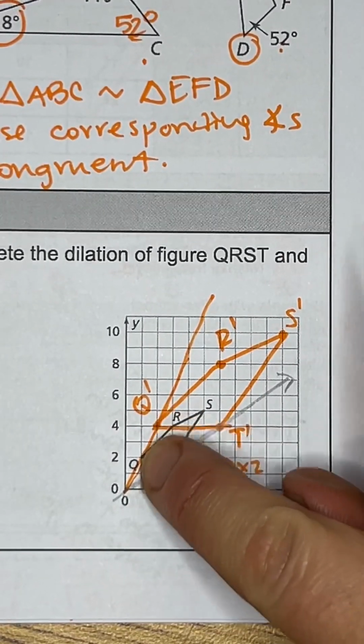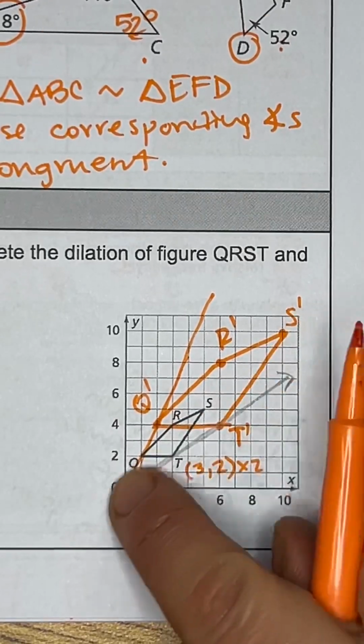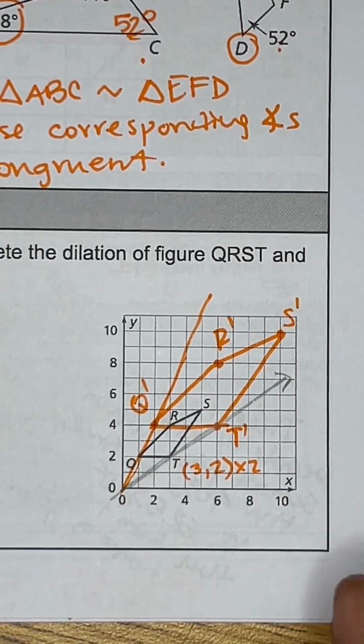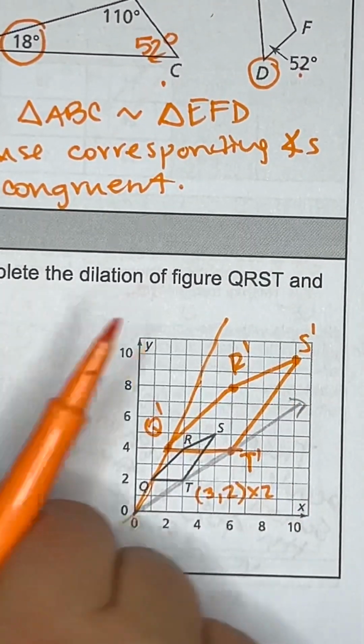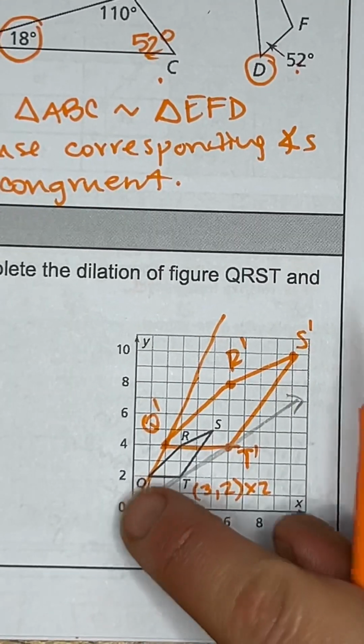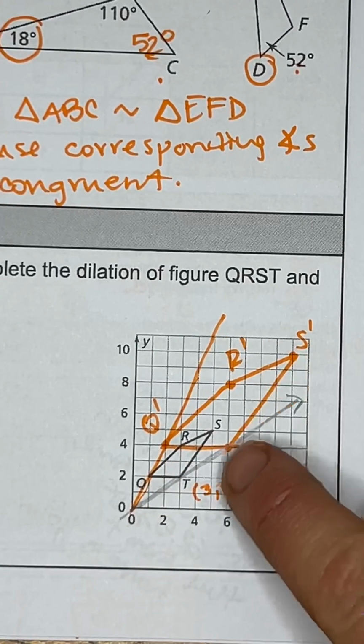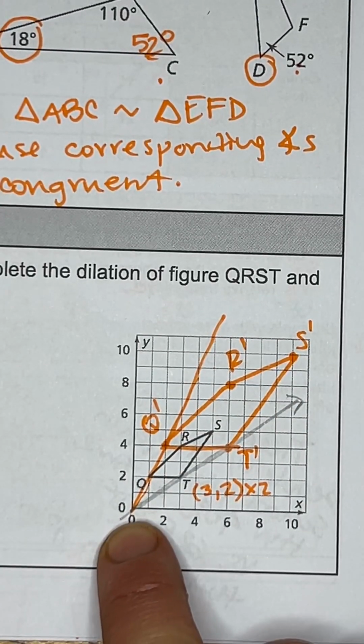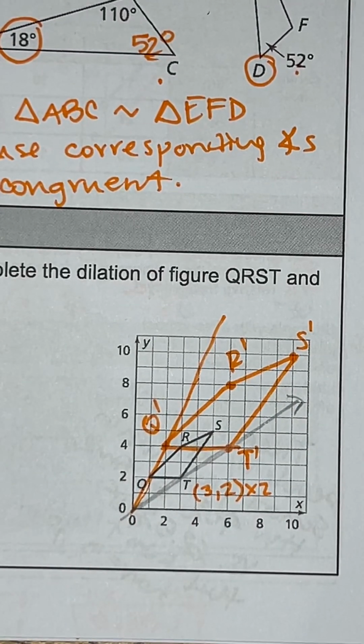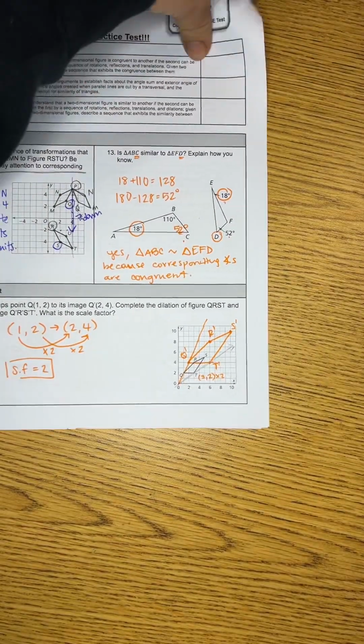If we connected these lines together, all of them would travel through (0, 0). So if it had another question, what is the center of dilation and the scale factor? The scale factor is 2, and our center of dilation is (0, 0) because they all go through (0, 0). Cool? Cool. Zoom back out.